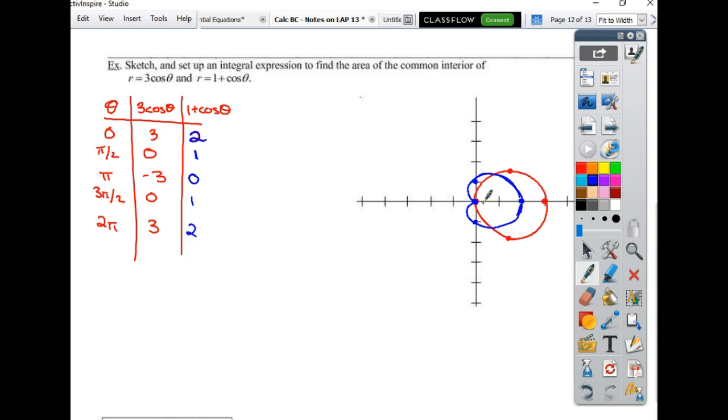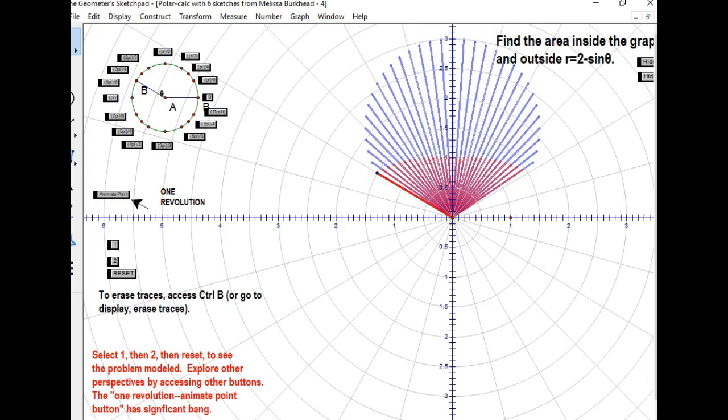What am I trying to find? I'm trying to find the area that is completely encased. So I want the common interior. The common interior is that region. Agreed? Now this is where my little picture thing is going to play a very important role.